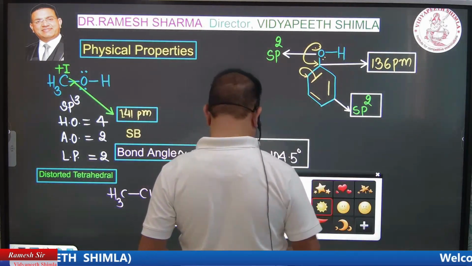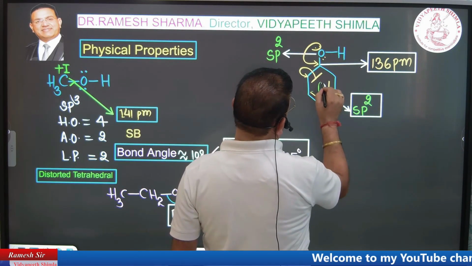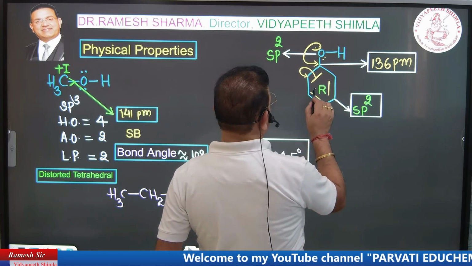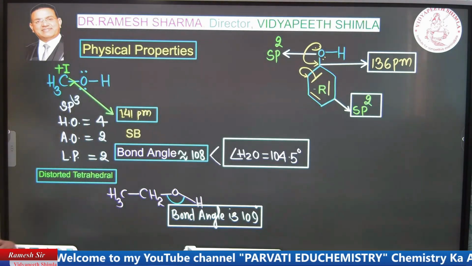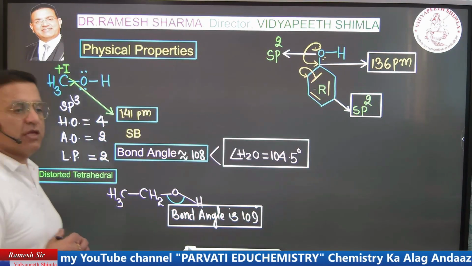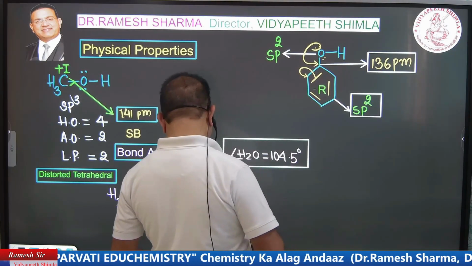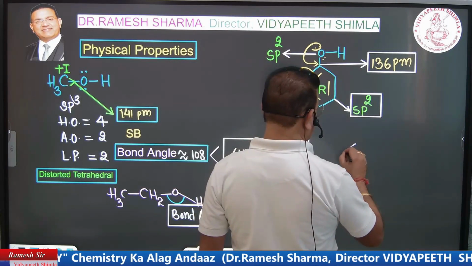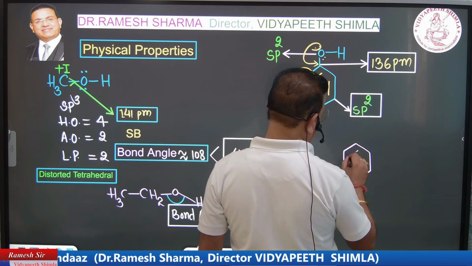Because of this reason the dipole moment of phenol is less than that of methanol. That is, the aromatic alcohols are less polar than the aliphatic alcohol.